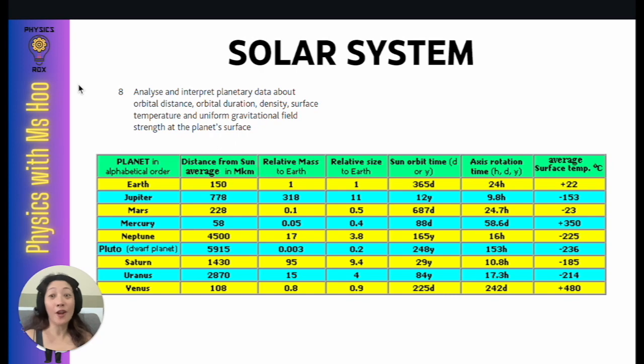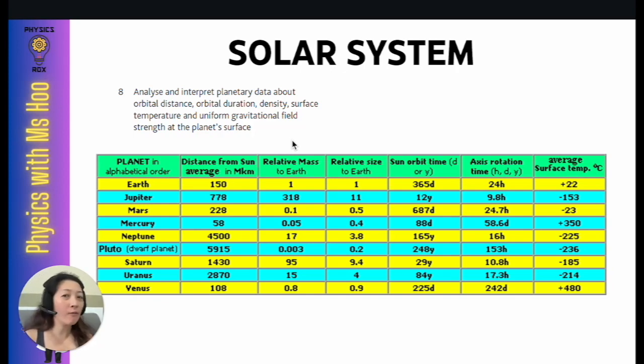Good news, no. Normally, what they'll provide to you in the exam question is a table with some selected information. What they want to test you on is how to analyze and interpret the data. So by observing the information, you've got to be able to come up with an interpretation and a conclusion to answer the questions in the examination.